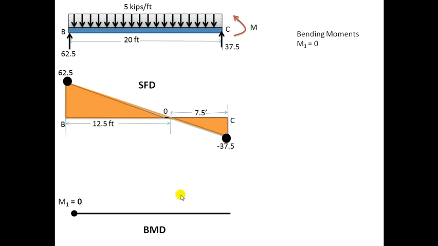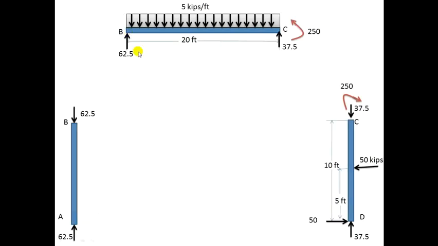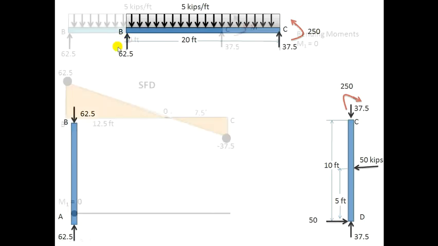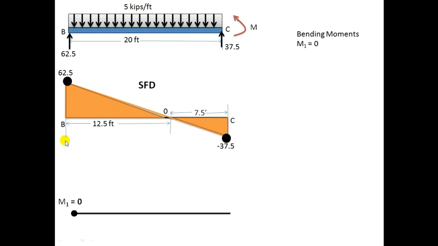And now I will draw the BMD diagram. The bending moment M1 is equal to 0 over here, because, as I have said earlier, no moment is transferred at point B. So the moment is 0 here at point B. M1 is equal to 0 and M2 will be equal to M1, the previous moment, plus the SFD area.